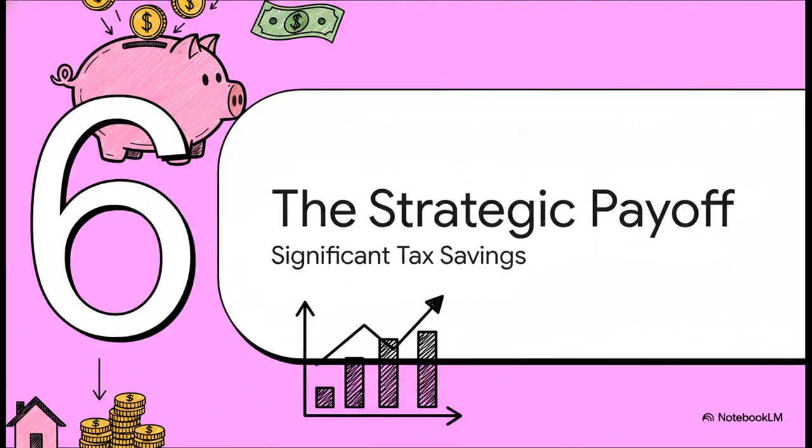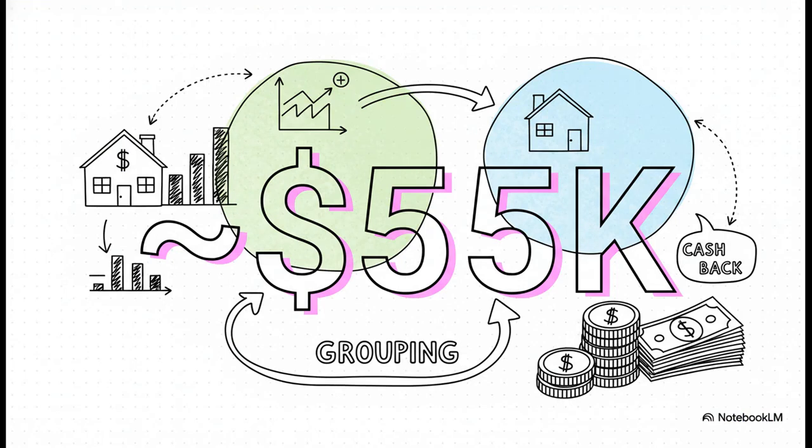So, after jumping through all those hoops, after navigating that entire maze of regulations, what's the prize at the end? Why bother with all this? Well, the answer is simple. A whole lot of tax savings. Let's put some real numbers on this to see the impact. Let's say your business made a $500,000 profit. Awesome.